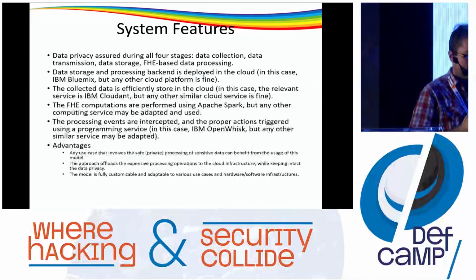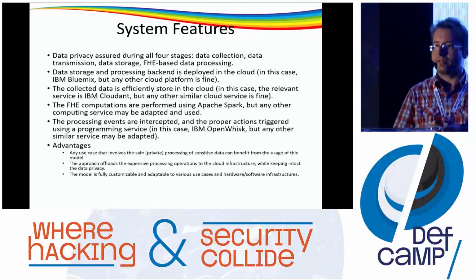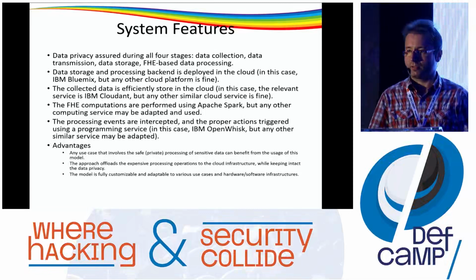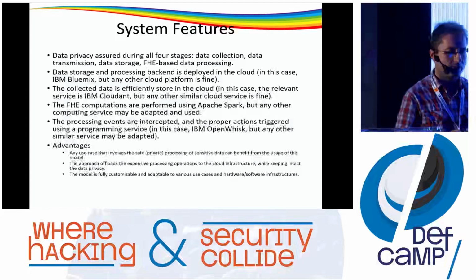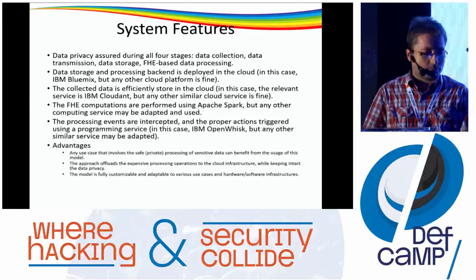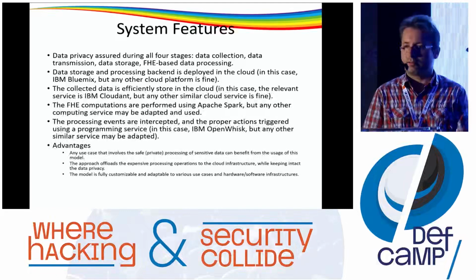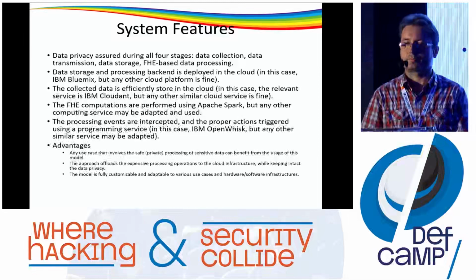As features of the system, it supports all four stages of the data processing that one may think of: data collection, transmission, storage, and of course data processing at the backend side.